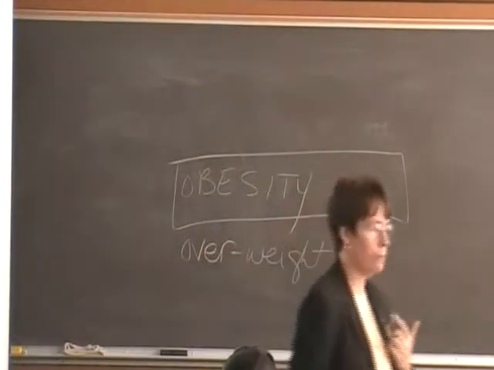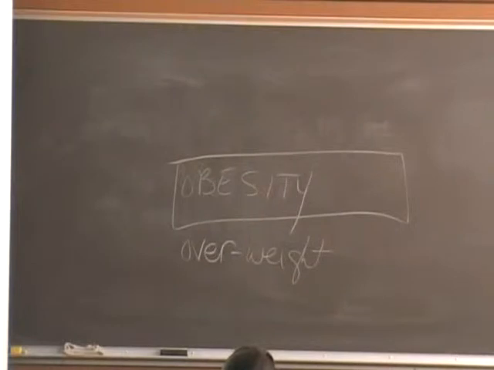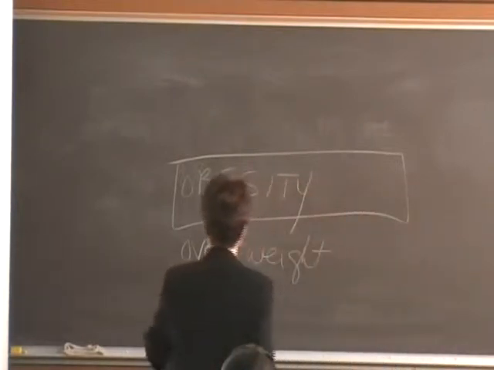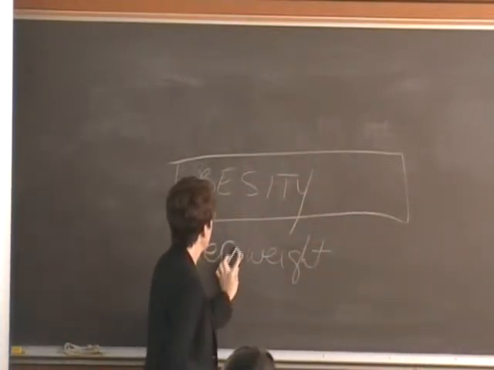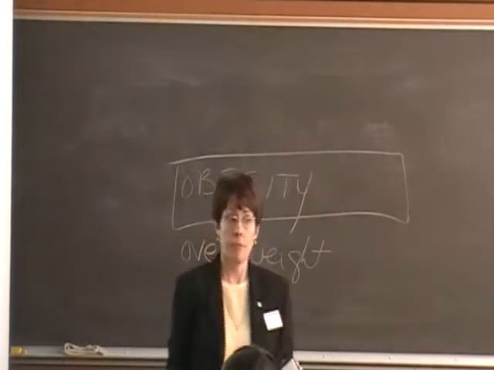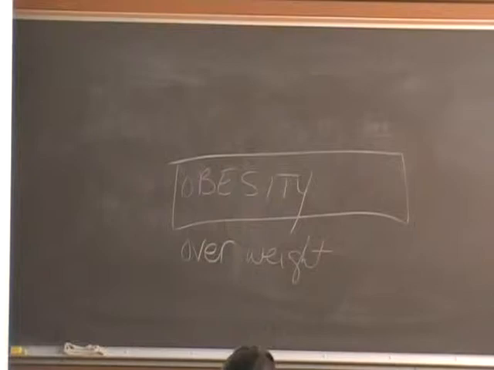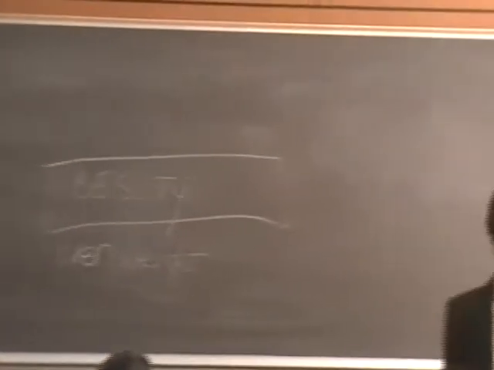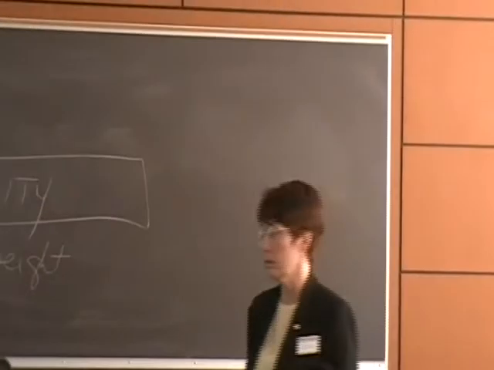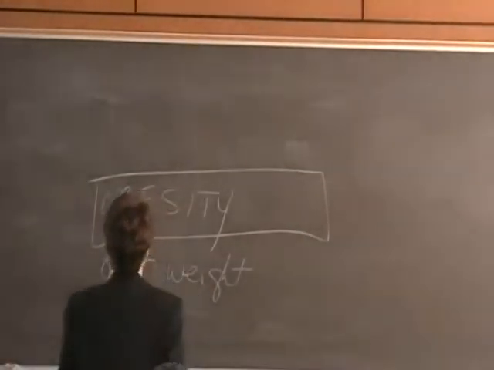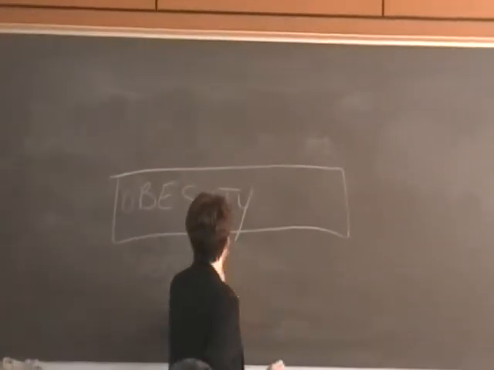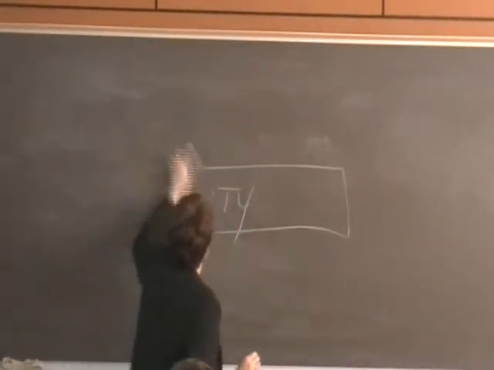And if I do overweight as one word, that's different than overweight with a hyphen. Computers are dumb boxes, so you've got to tell them what to do. And Boolean logic is what tells the computer what to do.